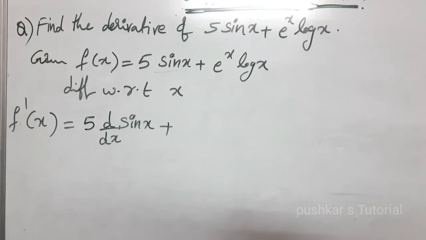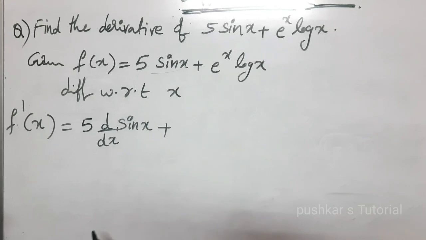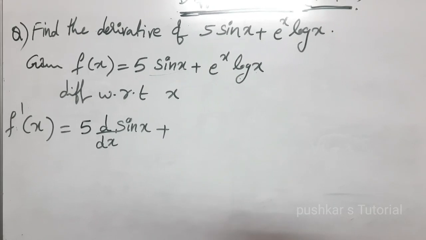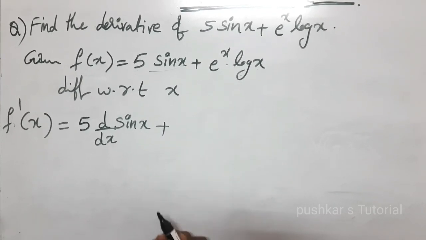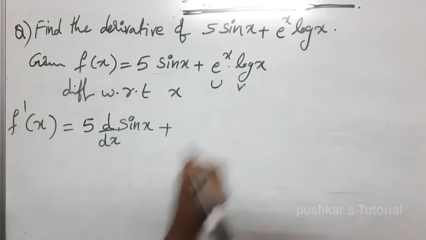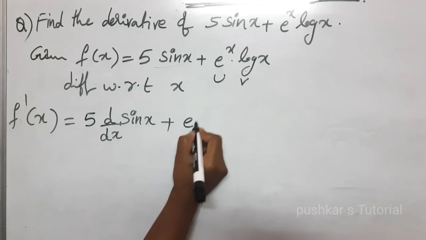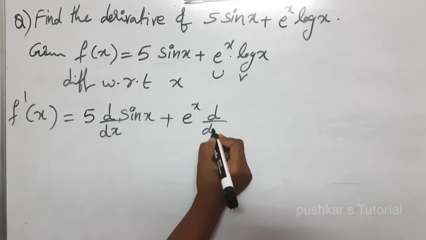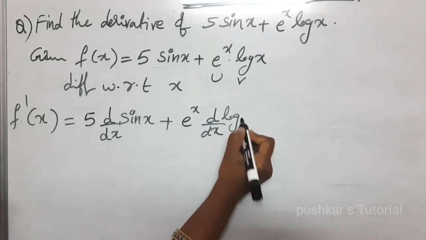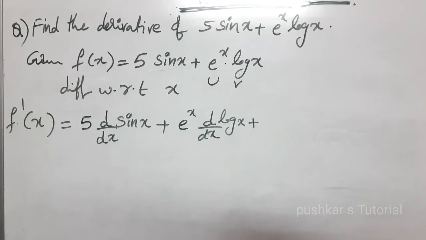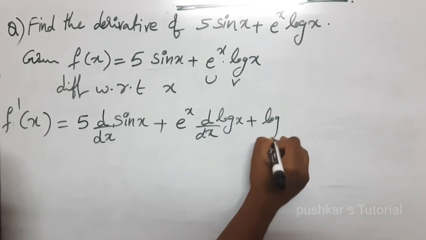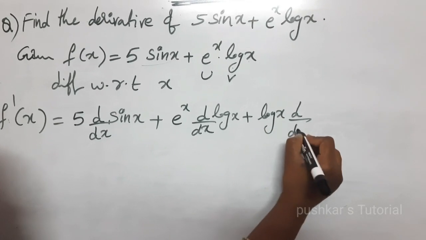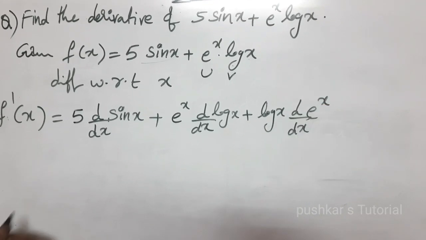plus. But now observe here, e power x is one variable, log x is another variable, and in between multiplication is there. So you have to apply the uv concept. u as it is, v differentiation, so d by dx of log x. Now v as it is, u differentiation, so log x as it is, d by dx of e power x.